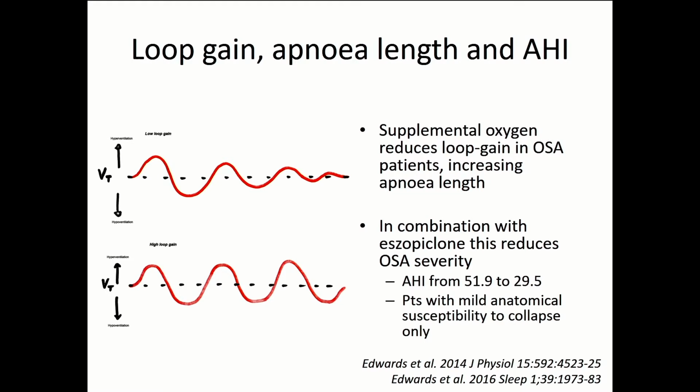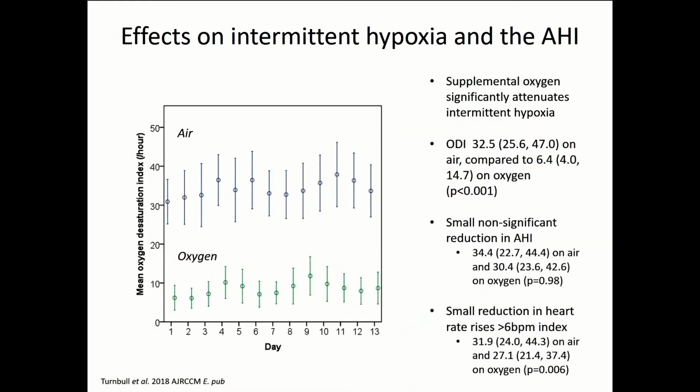These were, in this study, selected patients with relatively mild anatomic susceptibility, and we wanted to look at this in our patients. So on this slide, I've got data from the pulse oximetry looking at the effect on intermittent hypoxia and the effect on the apnea hypopnea index from the respiratory polygraphy.